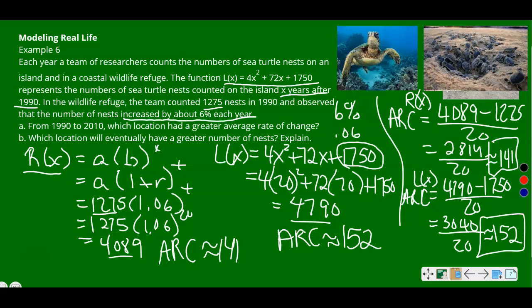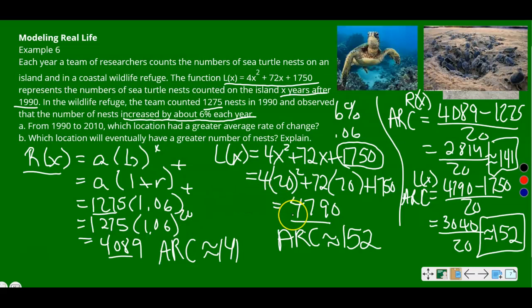But we also can say, for part B, it says which location will eventually have a greater number of nests. So we know from definitions and everything that we've looked at, if you have an exponential function, it will eventually pass up linear and quadratic functions.